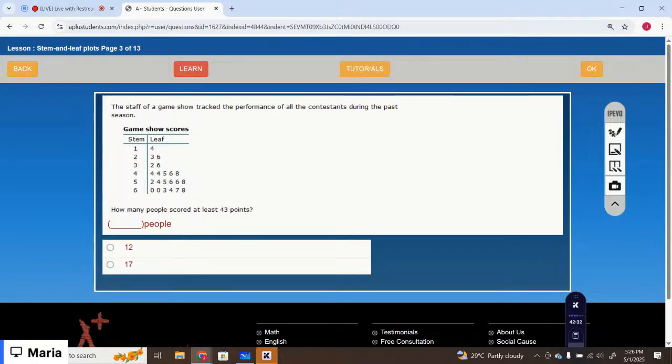The staff of a game show tracked the performance of all the contestants during the past season. How many people scored at least 43 points?